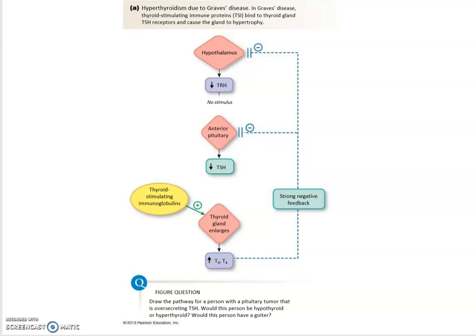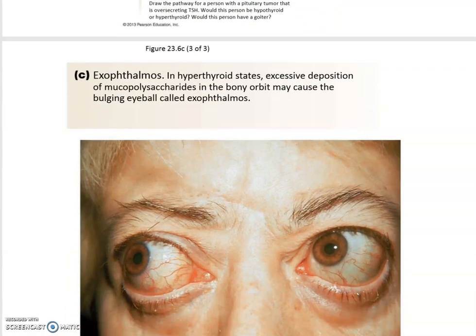Of course, you're going to have virtually zero TRH and virtually no TSH because of all of this negative feedback to the pituitary and hypothalamus, and you are bombarding your poor gland with these antibodies that look and act like TSH, and so the thyroid gland enlarges and you have hyperthyroidism due to way too much T3 and T4.